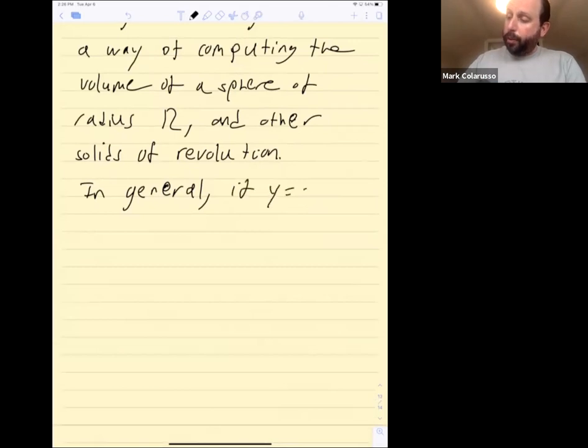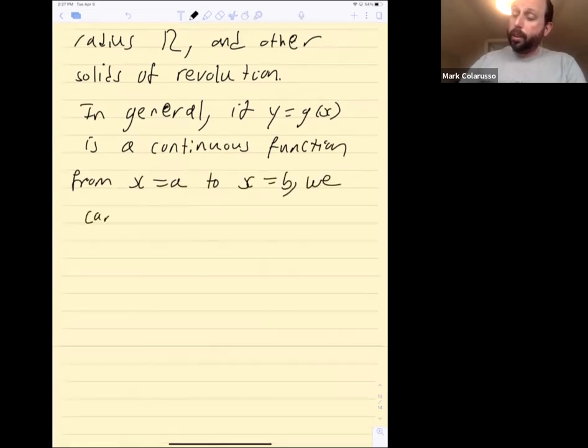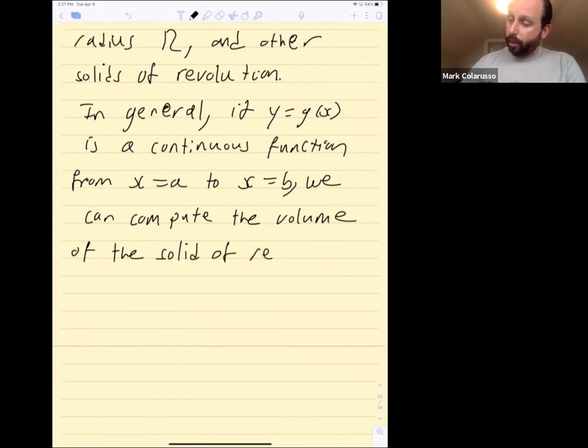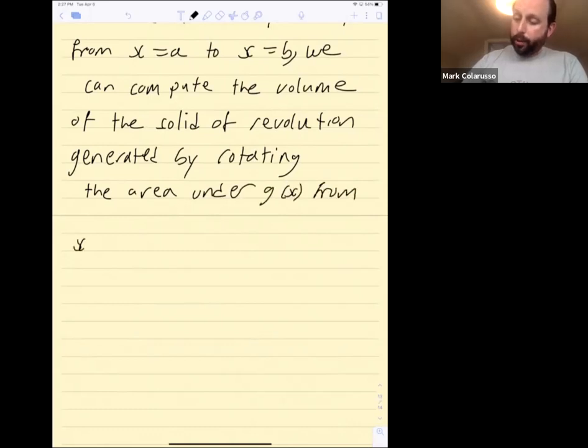In general, if y equals g of x is a continuous function from x equals a to x equals b, we can compute the volume of the solid of revolution generated by rotating the area under g of x from x equals a to x equals b via the following formula.